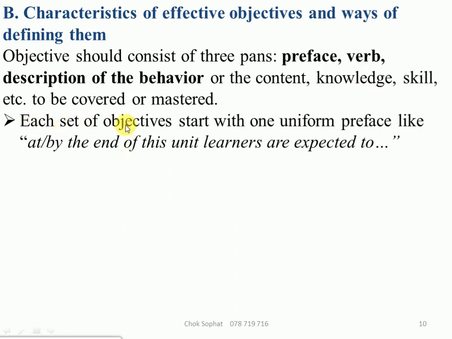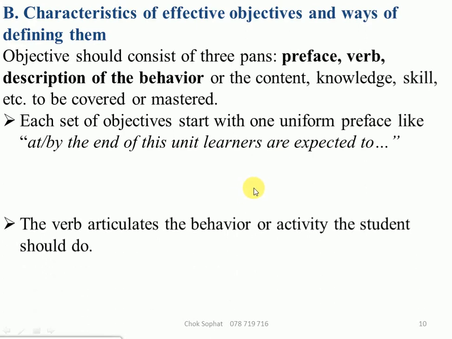Each objective starts with one uniform preface like at the end or by the end of this unit learners are expected to. So in order to write the objective you can start with at the end or by the end of this unit or this lesson the learner or the student is expected to, for example.